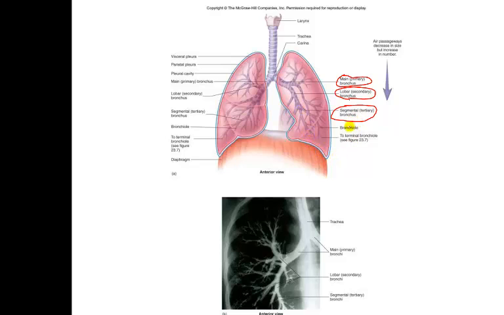Most of them after the segmental are not named, but you get to smaller and smaller bronchi. Eventually we get to what are called bronchioles. Bronchioles are generally defined as having less than 1 millimeter diameter.